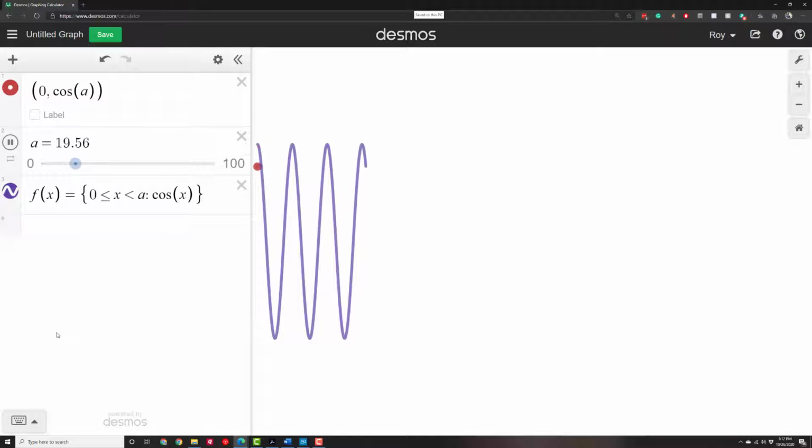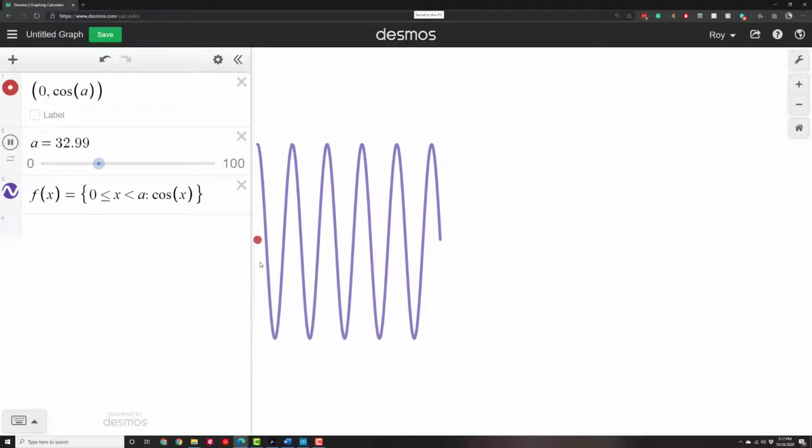Now, again, this is not exactly realistic because the oscillations would dampen over time. But for right now, let's pretend as though we have some object in simple harmonic motion that's just oscillating back and forth between a maximum and a minimum forever and ever.